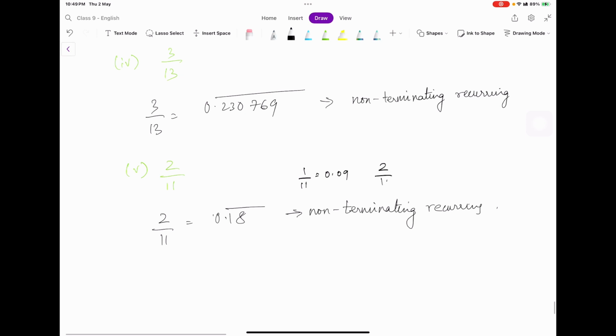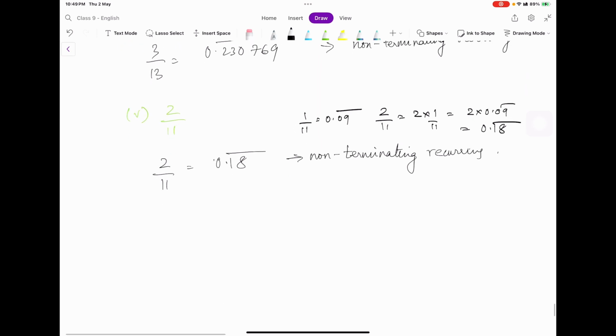So 2 by 11 is 2 into 1 by 11. So 2 into 0.09 equals 0.18. Understood? So that is one more.